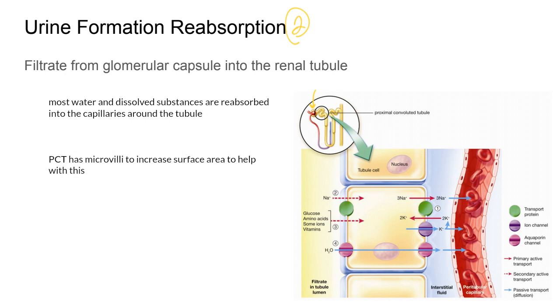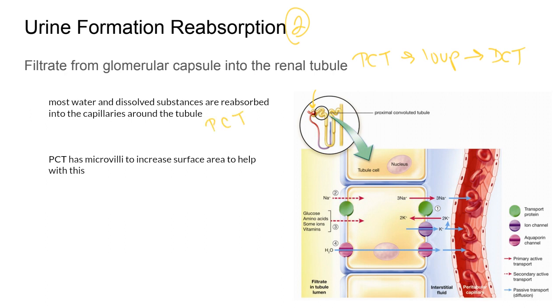So the filtrate has moved from the glomerular capsule into the renal tubule. If you remember, the renal tubule has 3 basic parts: the proximal convoluted tubule, the nephron loop, and then the distal convoluted tubule. Most of this reabsorption is going to occur in the proximal convoluted tubule.